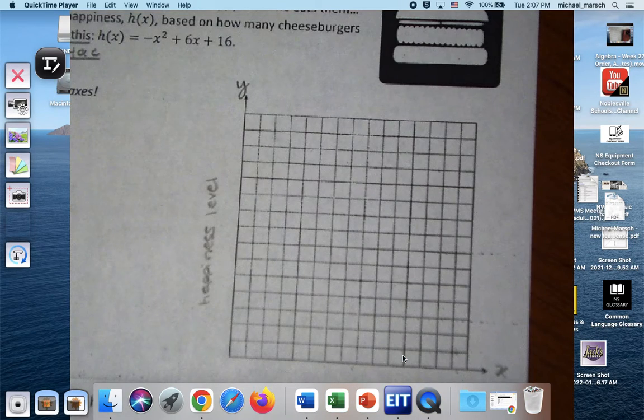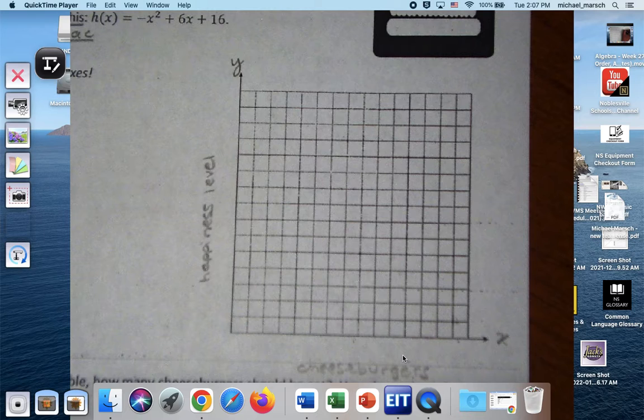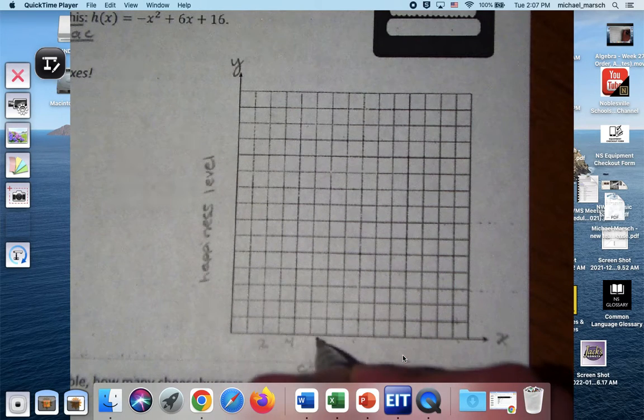So we're going to go by 2 cheeseburger increments, but I'm only going to show the evens because otherwise it's going to get really crowded.